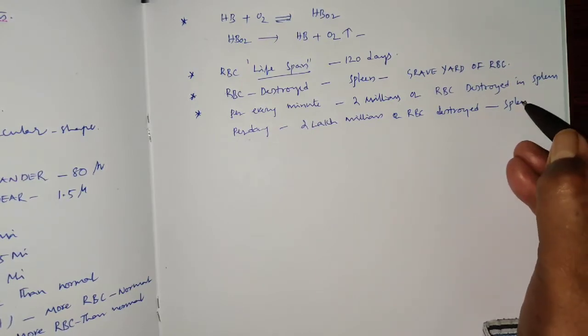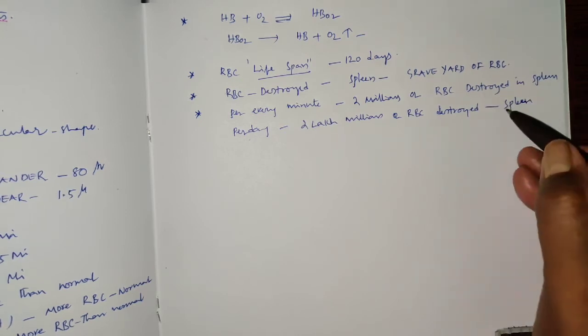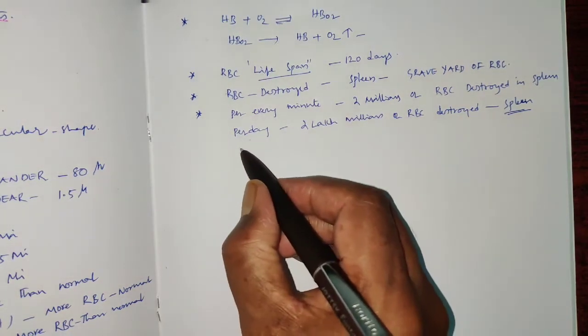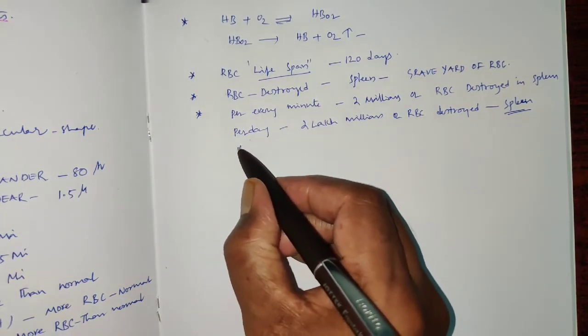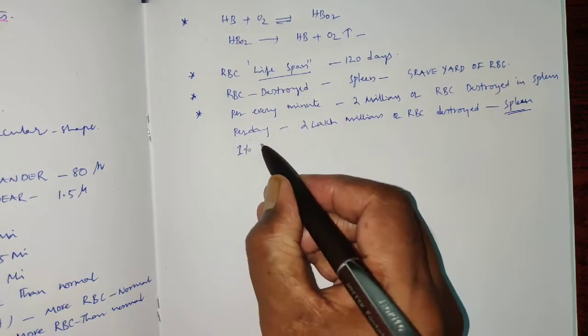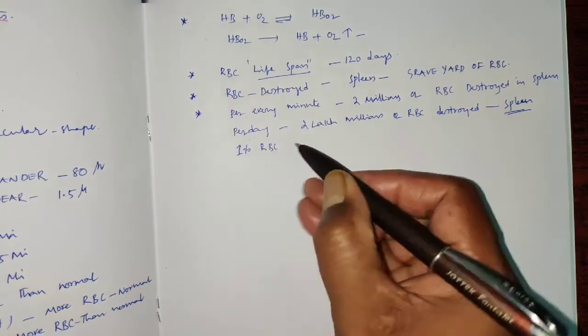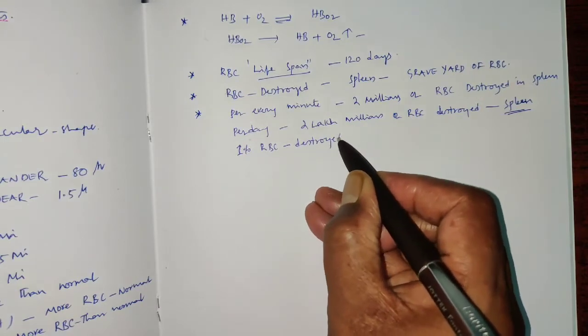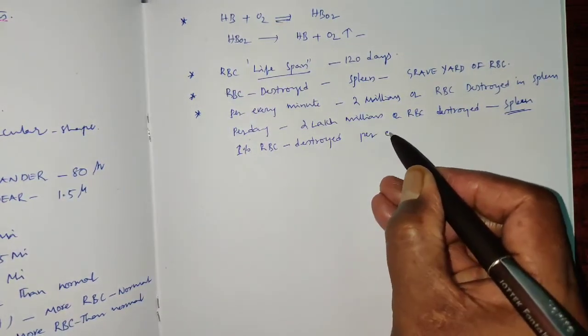Hence, the spleen is called the graveyard of RBC. It is equivalent to about 1% of red blood cells destroyed every day.